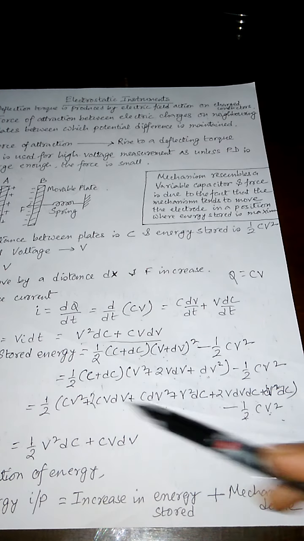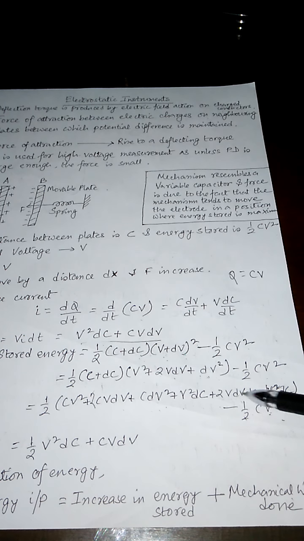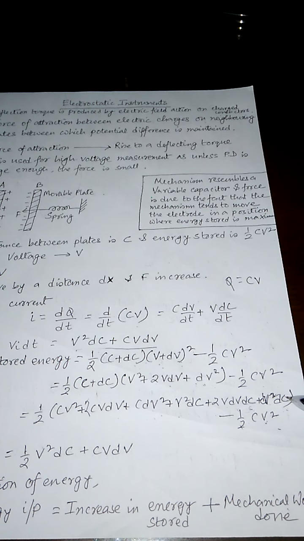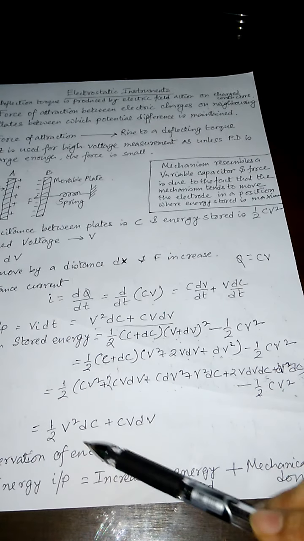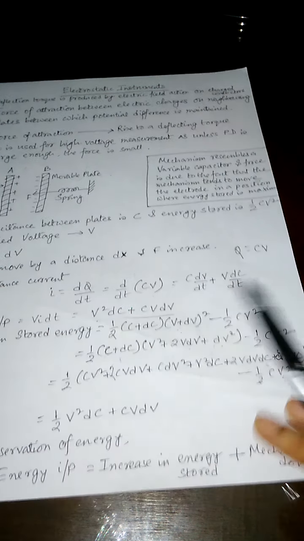The next term is half V square dC, which we considered. Now 2V dV dC is again a higher order term, a very small quantity, so we can neglect it. Then half dV square dC is also a higher order term that we neglect. So the final output is half V square dC plus C V dV.